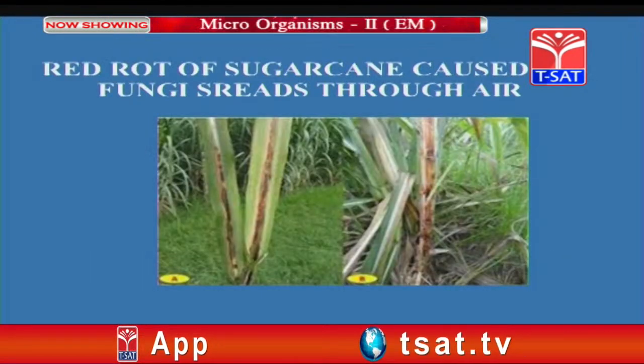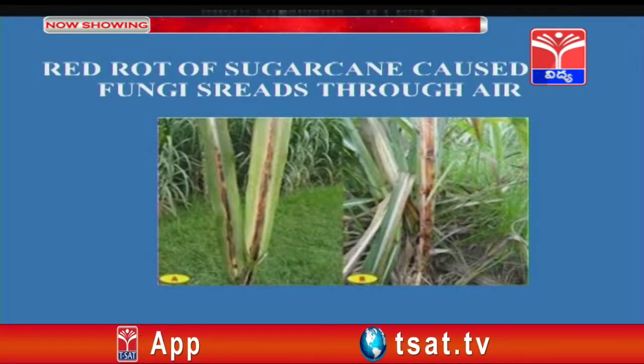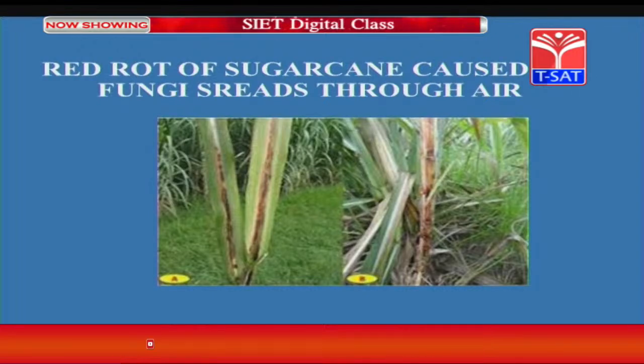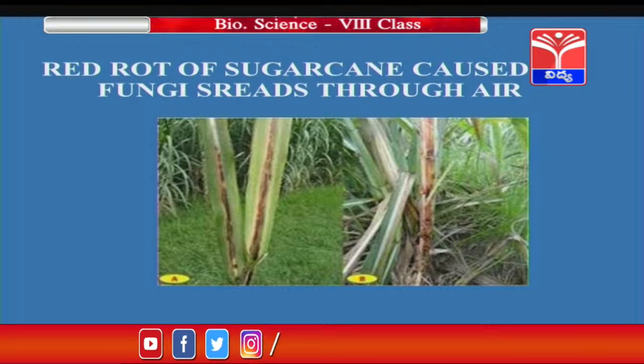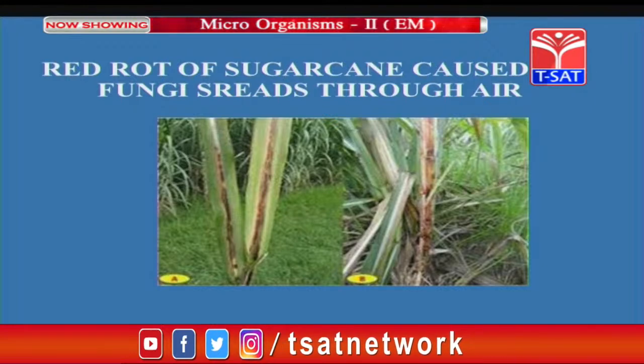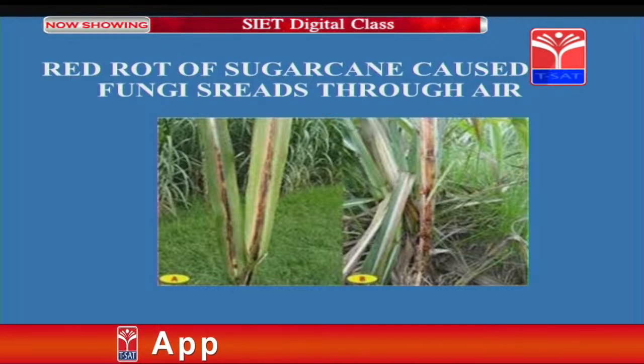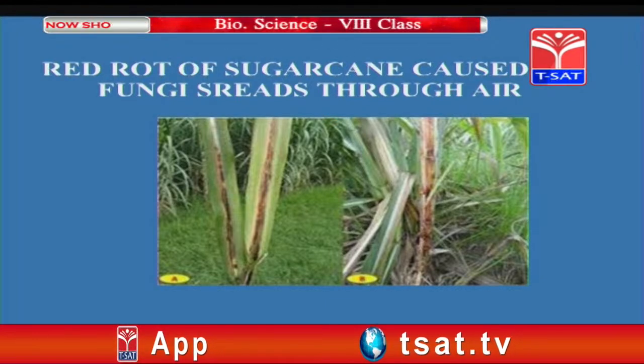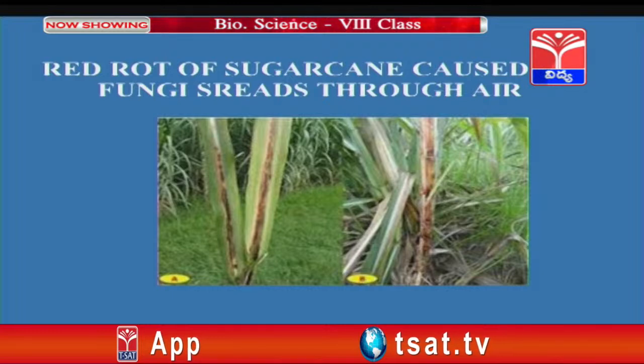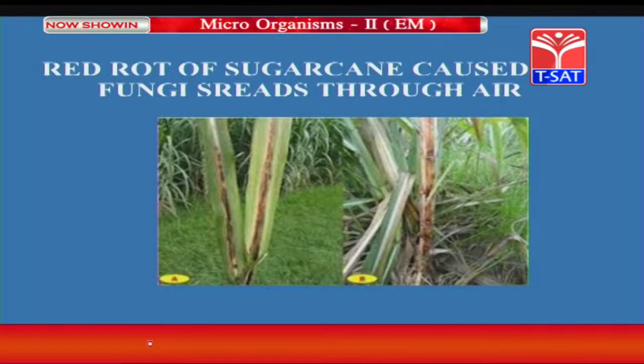Another disease is red rot of sugarcane. It is caused by fungus in the sugarcane crop. You can see the stem becomes red and is not useful for extracting juice to make sugar, because it has fungus in it. It also spreads from one healthy sugarcane to another through air.